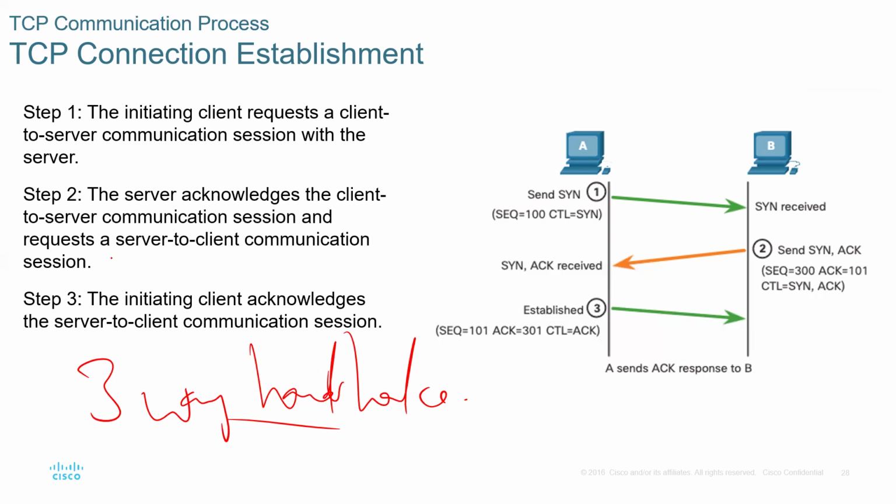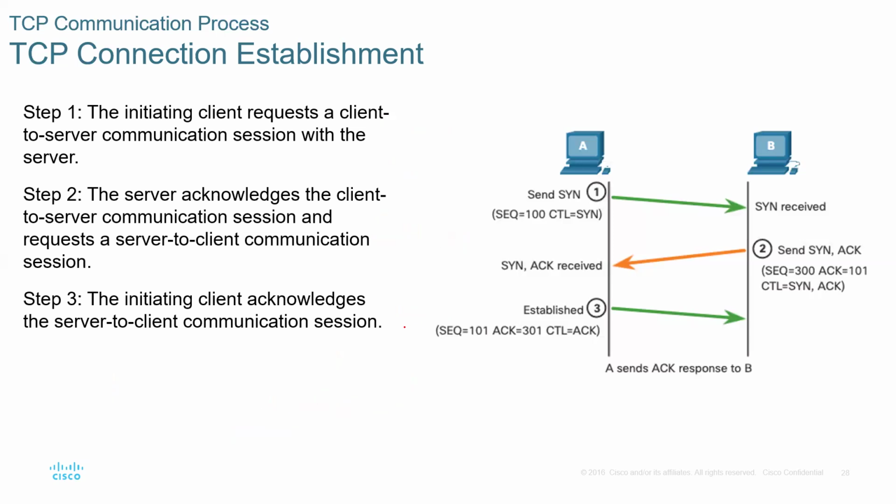Step number 1, the initiating client requests a client-to-server communication session. It sends what is known as a SYN. This is the client. Then the server sends a SYN-ACK. The server acknowledges the client-to-server communication session and requests server-to-client communication. Then the client acknowledges.